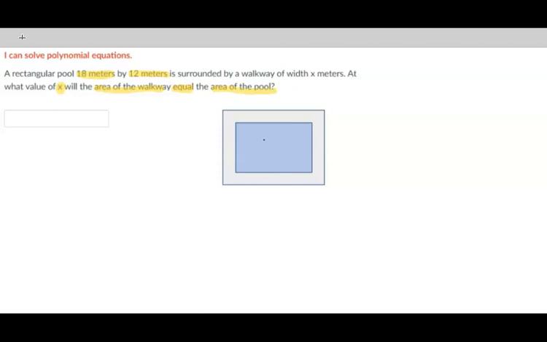So this is the pool. It's 18 meters by 12 meters. If we found the area of that, we just multiply those two together, you get 216. This length right here is x. This length right here is also x. This length is 12.